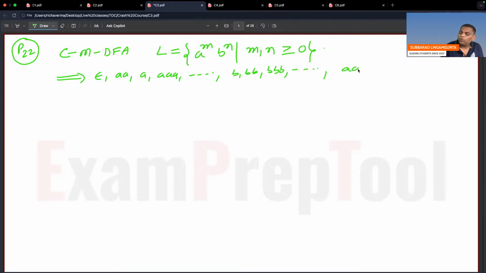A followed by B is also possible. But remember, B followed by A is not possible. Next one: so many A's followed by so many B's.